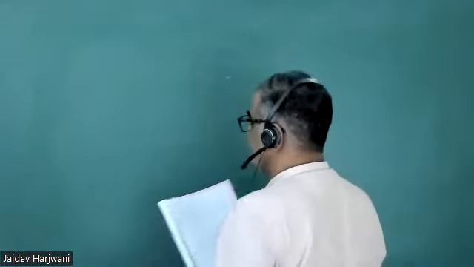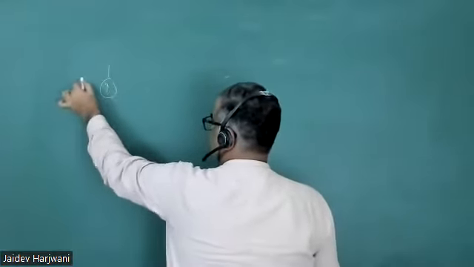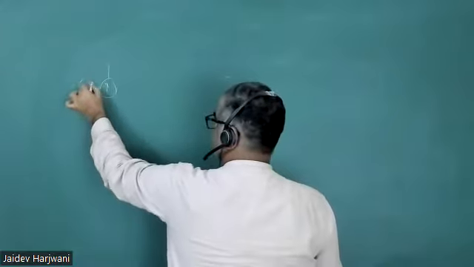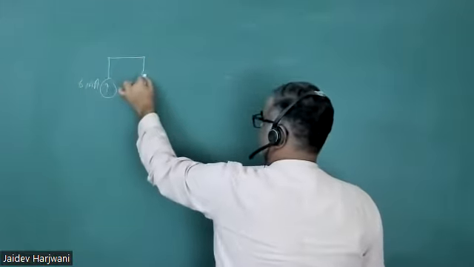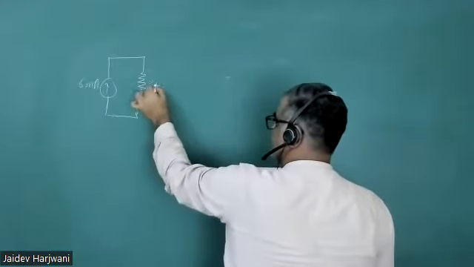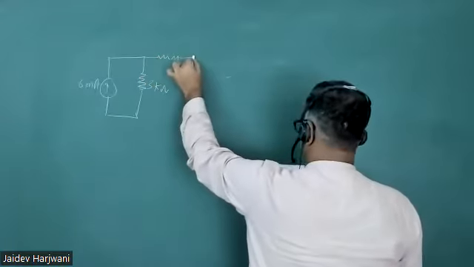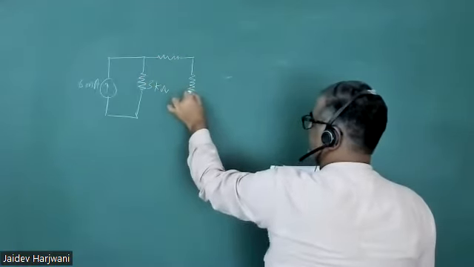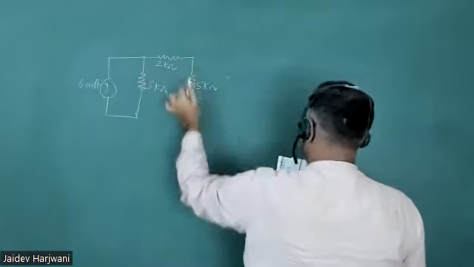So you have been given a 6 milliampere source. Then you have a 3 kilo ohm, then you have 2 kilo ohm, you have 5 kilo ohm.